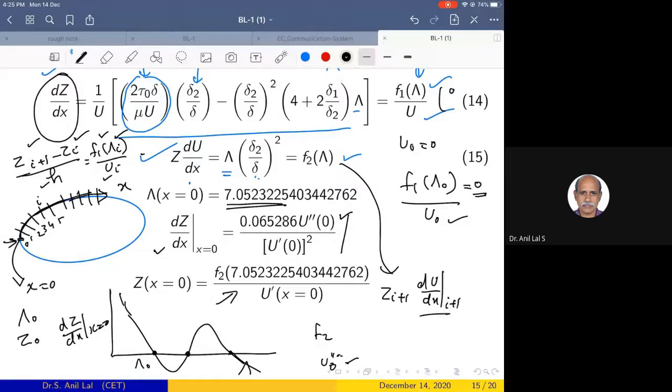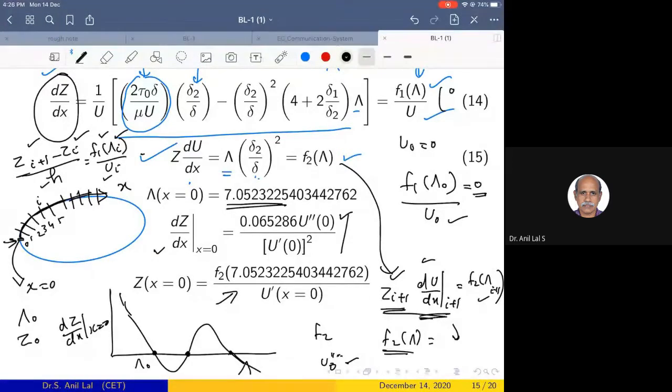So this is an input for the calculation. This is just now obtained. This is equal to f2 of lambda at that i plus 1, we can write. And lambda i plus 1 is not known, this is known, this is known. So f2 of lambda is known by this value.